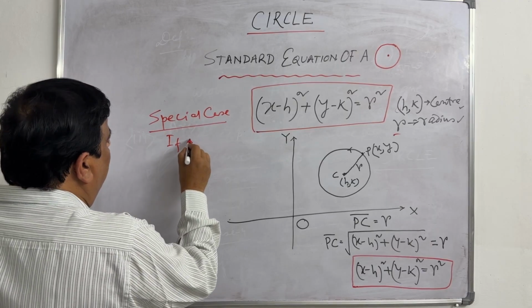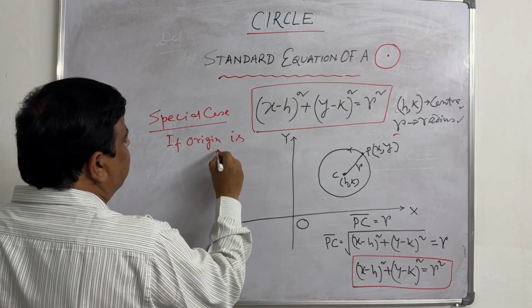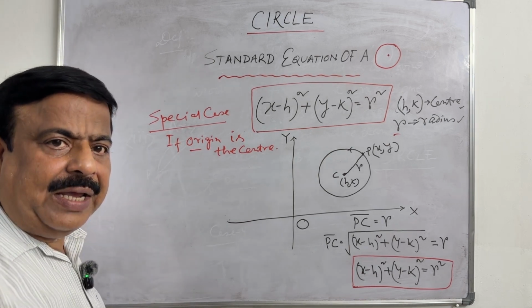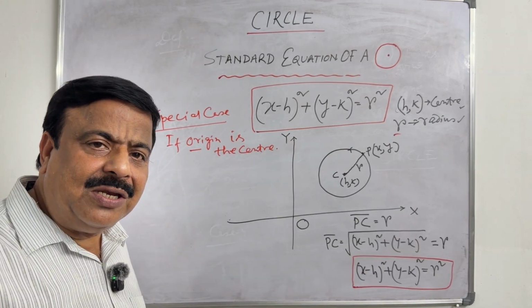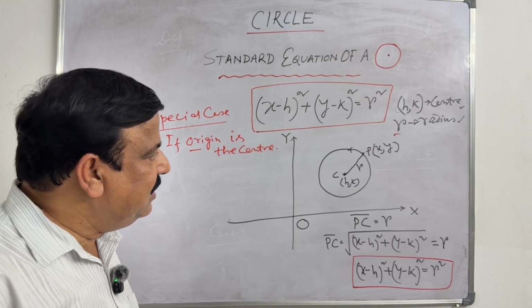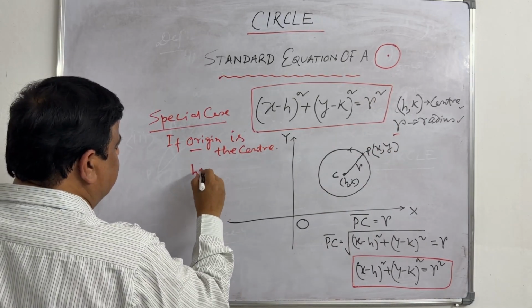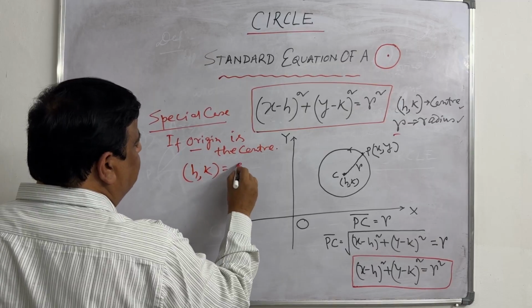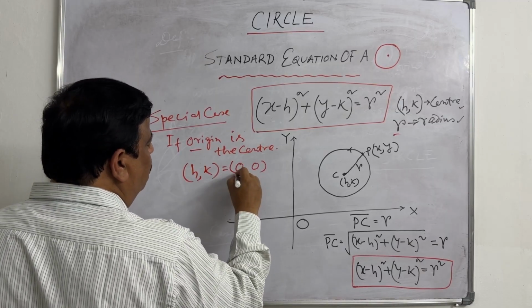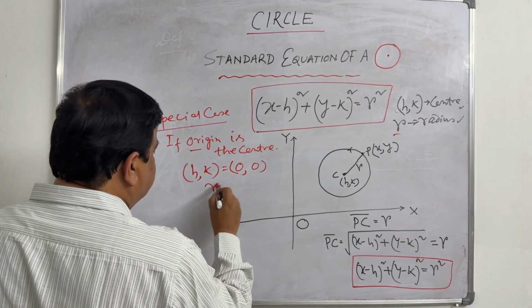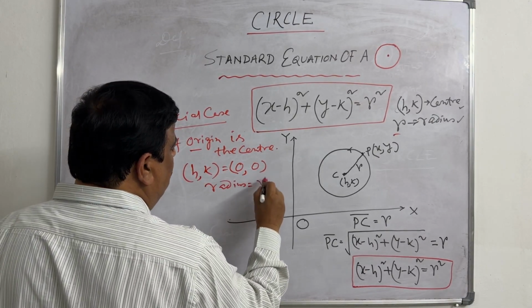Okay, now if you consider a special case, what is the special case? If the origin is the center, then what will be the equation of the circle with origin as center and radius r? Obviously here h, k will be 0, 0, because you know the coordinate of the origin is 0, 0 and the radius is given as r.